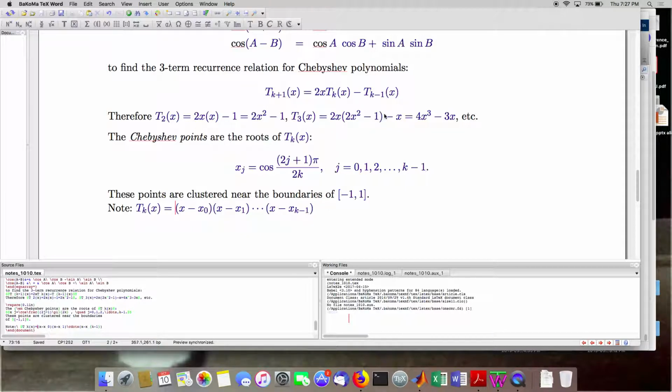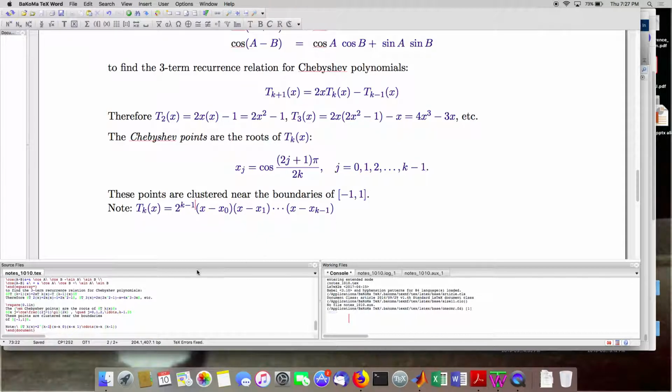But T3 has leading coefficient 4. It's going to keep doubling. So 2 to the, almost, 2 to the k minus 1, because T3 has 2 squared. Yeah, that's why.